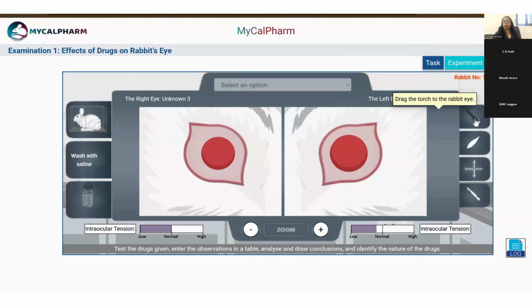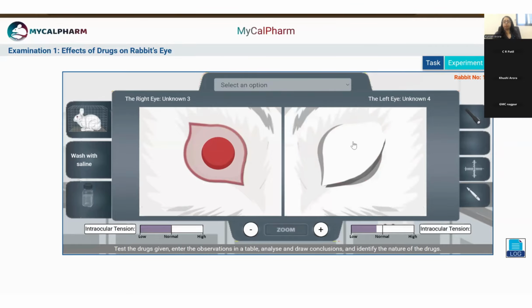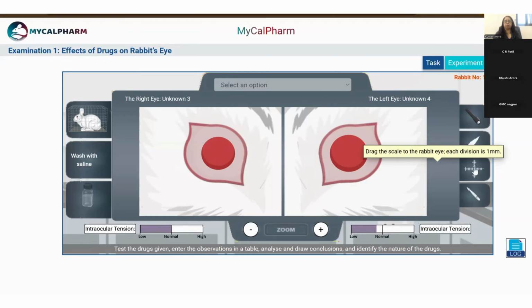Again, by torch effect, we will be seeing the light effect, whether it is present or not. The same is to be done with the cotton wool effect. It is not there in the right eye with unknown 3. Light effect is, sorry, cotton wool effect is not there, which is very important to see. Very important term to note. By here we will be measuring it.